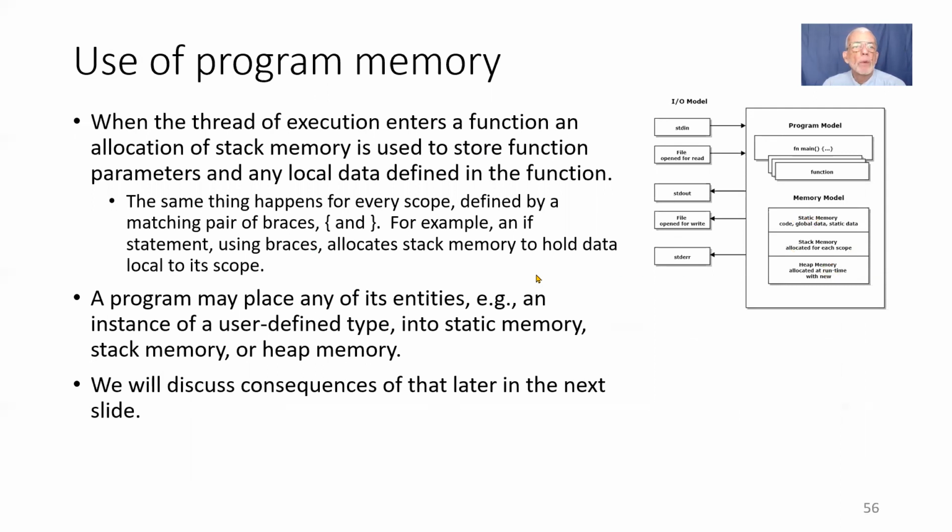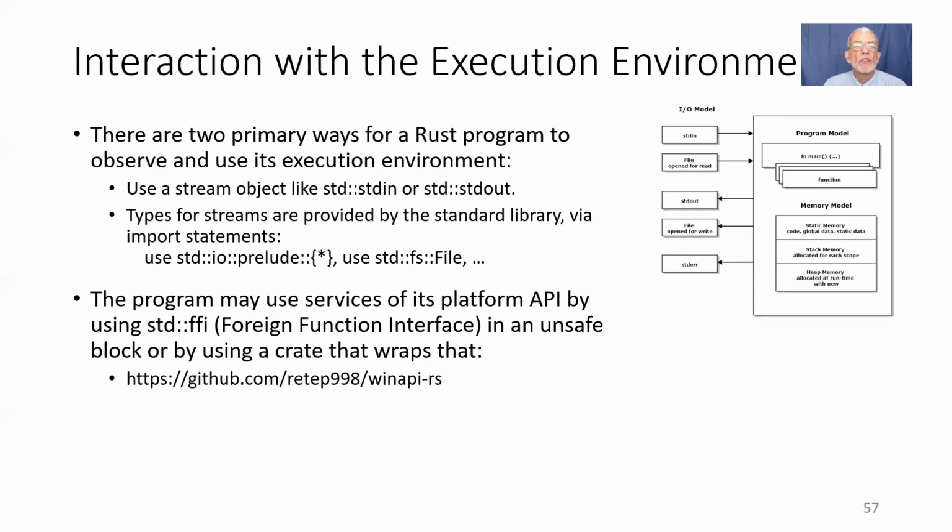So why don't we skip on over that and talk about its interaction with the execution environment. That happens two main ways. One is to use these. For example, I can open a file handle, so use a stream object like standard in or standard out.